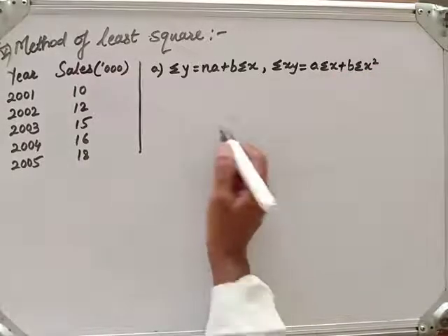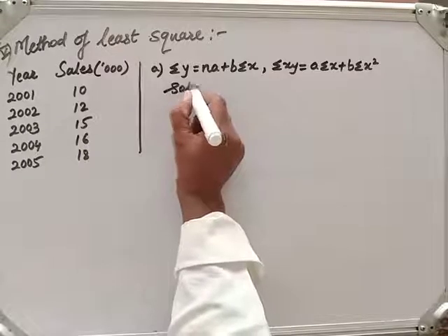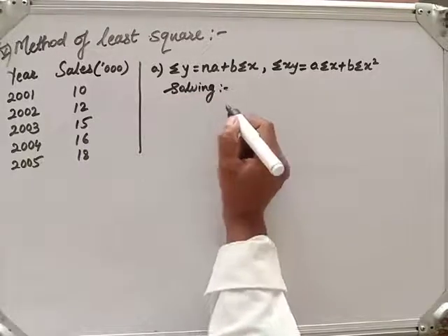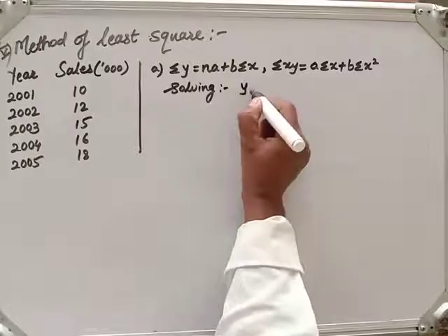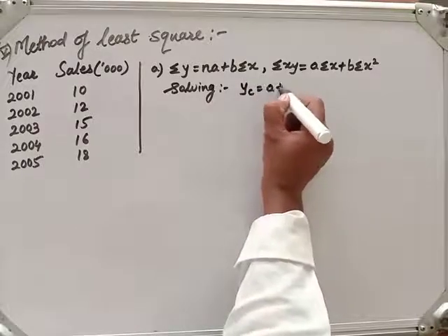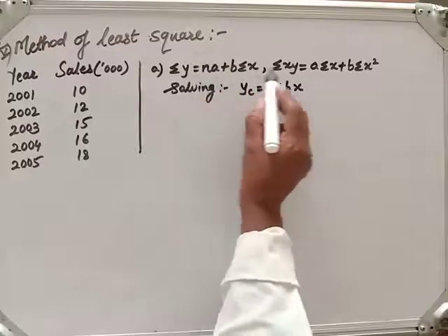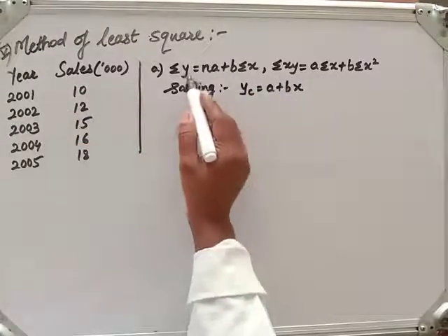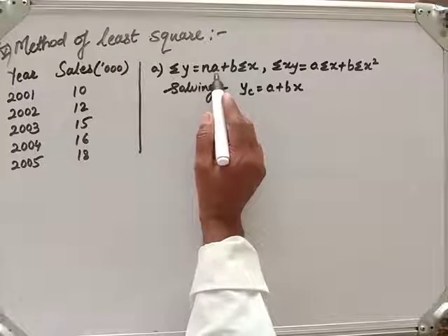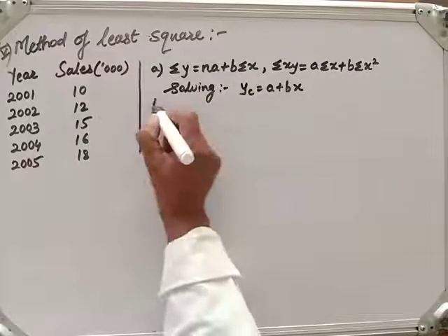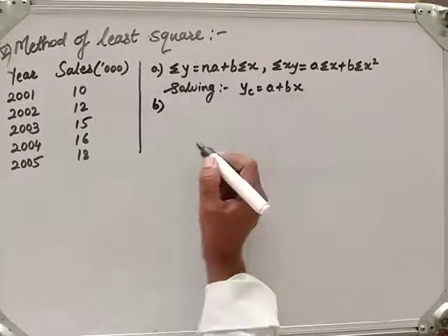By solving these two equations we get the equation of the trend line, that is yc is equal to a plus bx. Here we simply find these sums from the data, then find the values of a and b and put them here, so that we get the trend line.